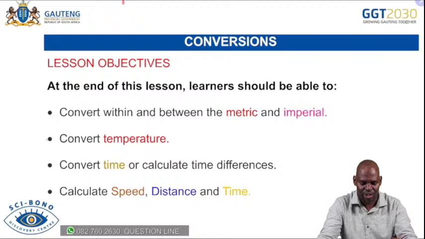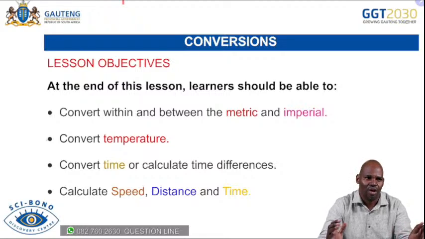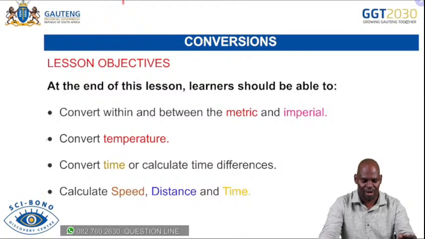Then calculating time differences: if you start walking at 4 minutes past 2 and finish at 10 past 2, how many minutes did you walk? Or if you start at 10 past 2 and finish at 15 past 2, what is the time difference?